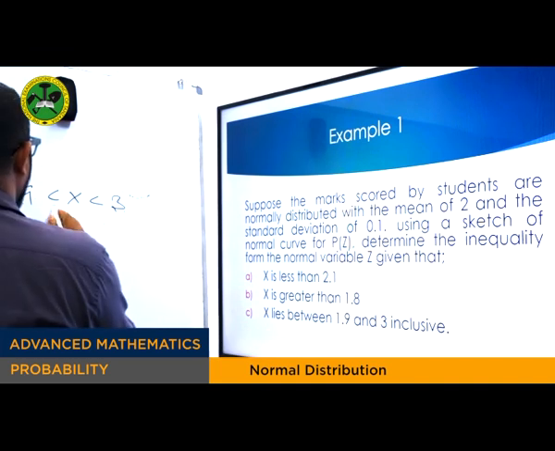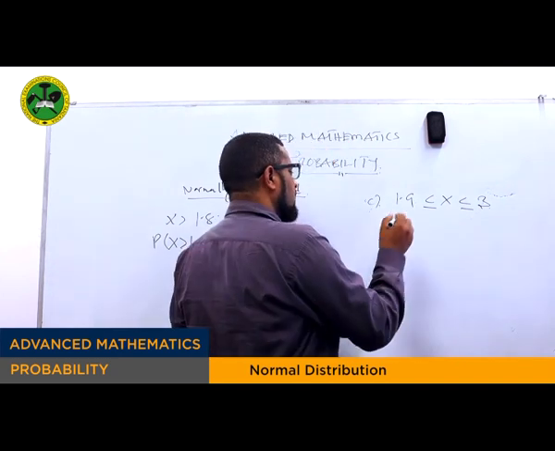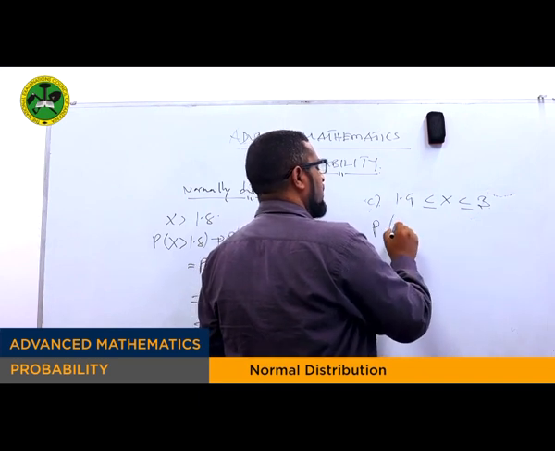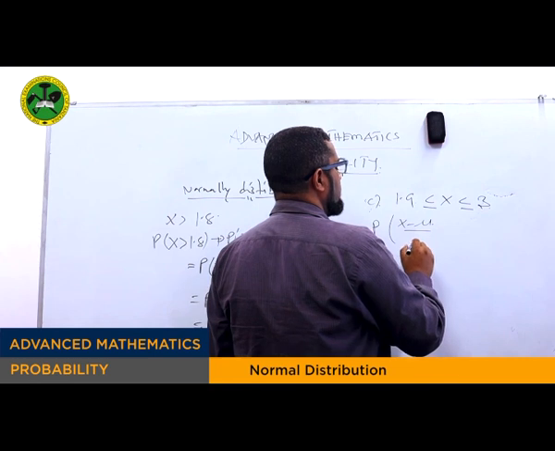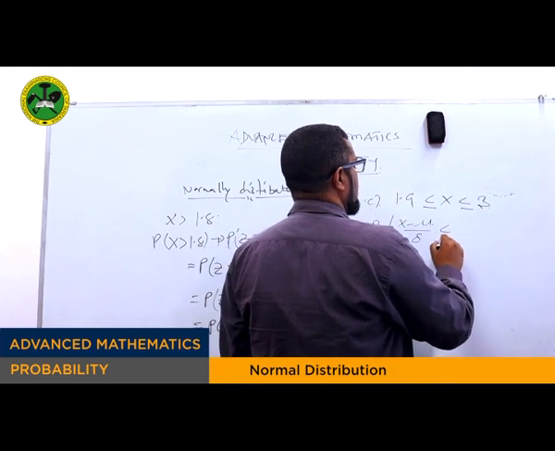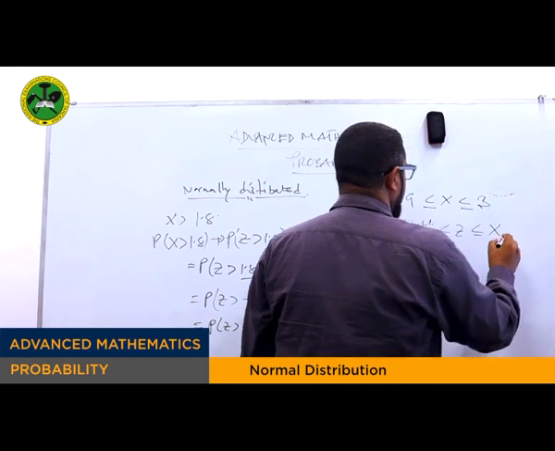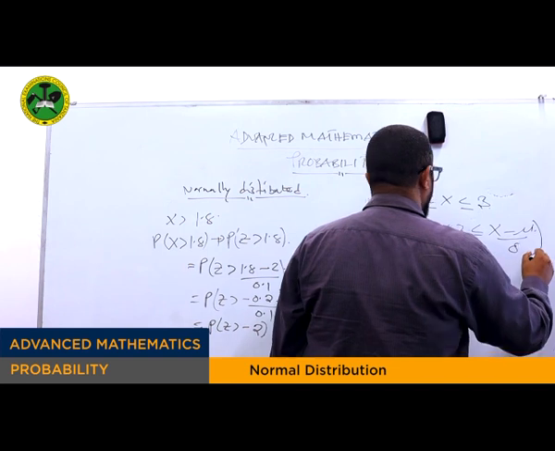So here we use less than or equal, less than or equal. Now in Z, the formula, as you remember, is x minus mu, or mean, over the standard deviation: less than Z, less than, again, x minus mean divided by standard deviation.